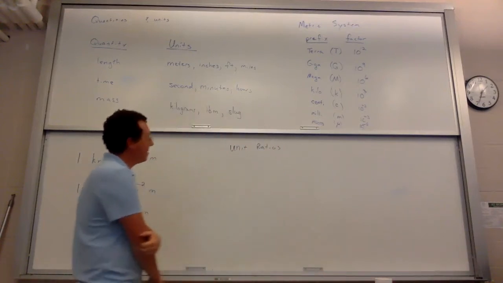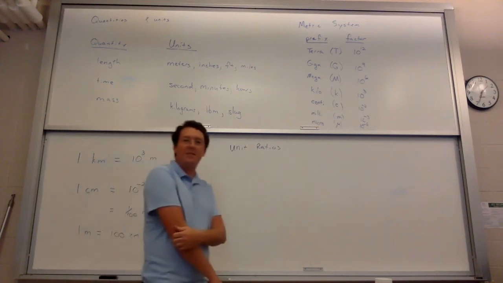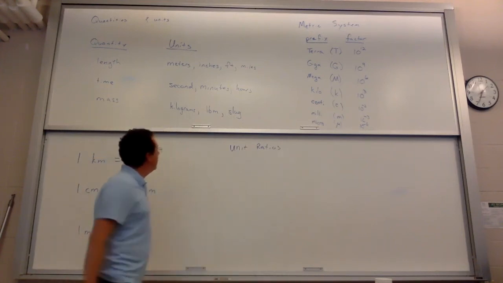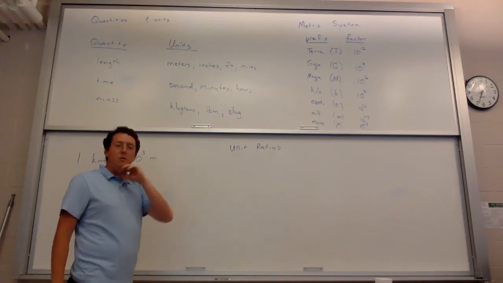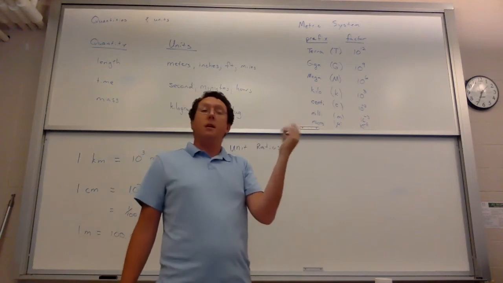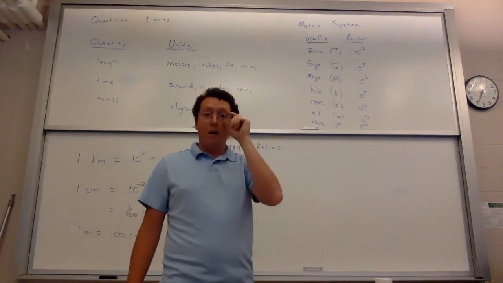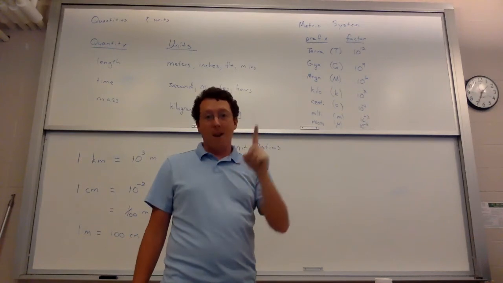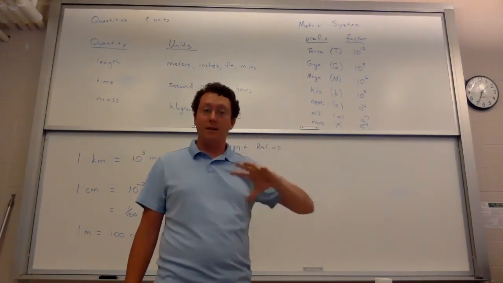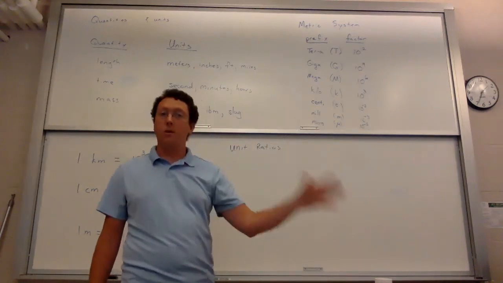I guess you could kind of think of this as an equivocation, blending them all together. So a unit ratio is a ratio, a fraction that equals 1, but it is a special way of writing the number 1 that we can use to relate one choice of units to another.